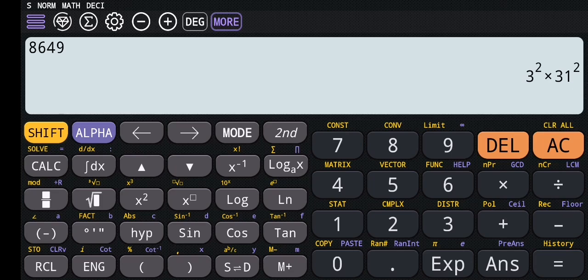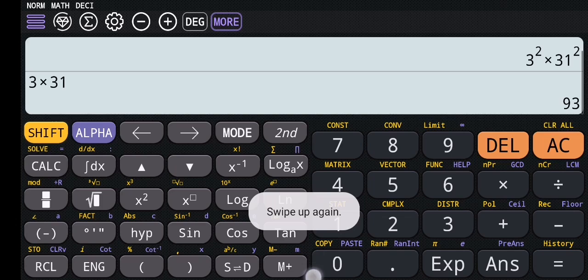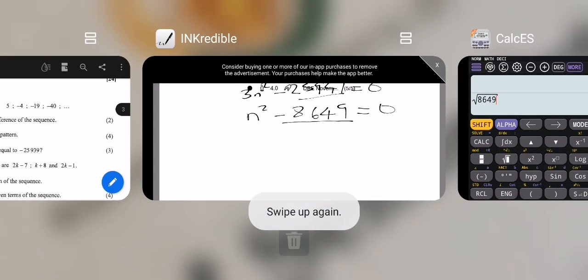These are the prime factors: 3 squared times 31 squared. If we take the square root of both, it's going to be 3 times 31, so it's 93. You can also check using the square root of 8,649. That is 93. Yes, it's a perfect square.